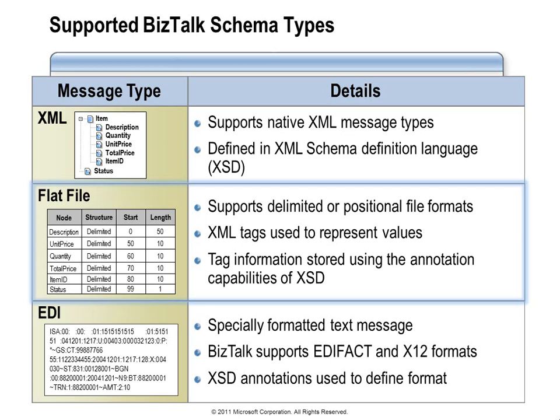So if we use the BizTalk schema editor to create our schema, it gives us the option to add extra information to describe how that schema relates to a flat file format. We can give it positioning information and delimiter information. And if we get all that correct, BizTalk can actually take that flat file. It can use all of the information that we have provided in those annotations, and it can convert that flat file into an XML document.